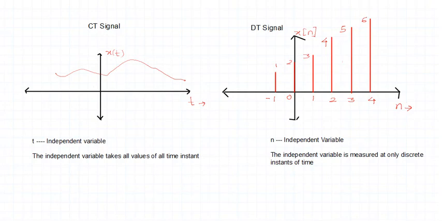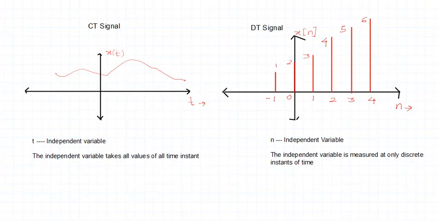Here we measure the signal at all instants of time and hence the signal becomes continuous. Here the signal is measured at discrete instants of time and hence it becomes discrete. So the independent variable in case of discrete signal is n, and the independent variable is measured only at discrete instants of time.